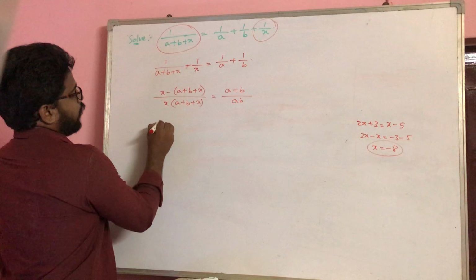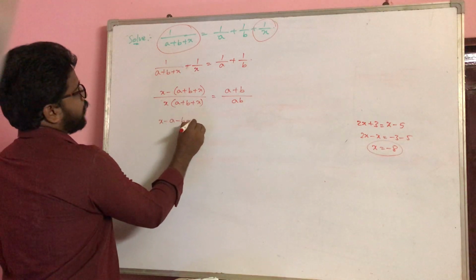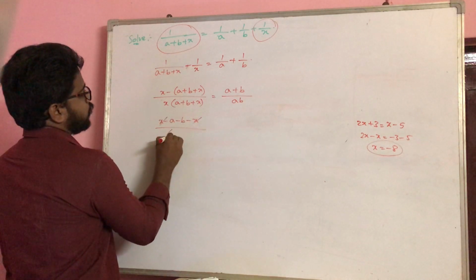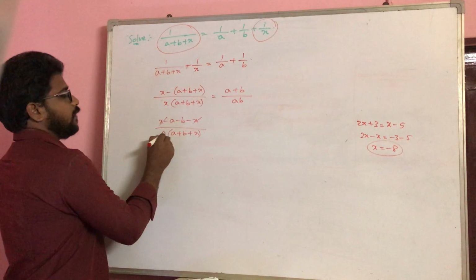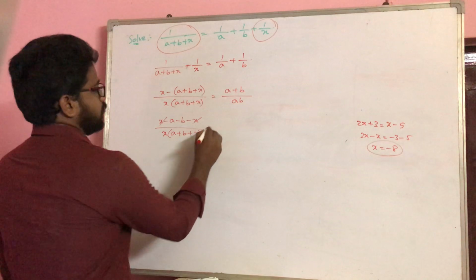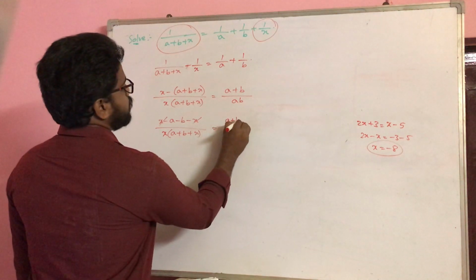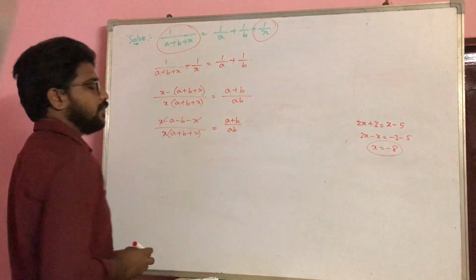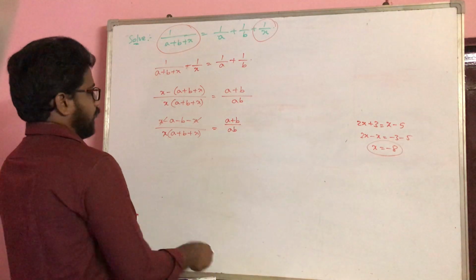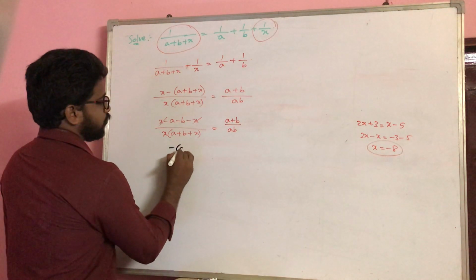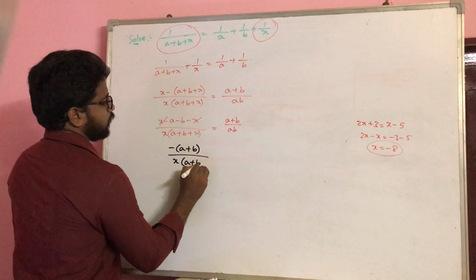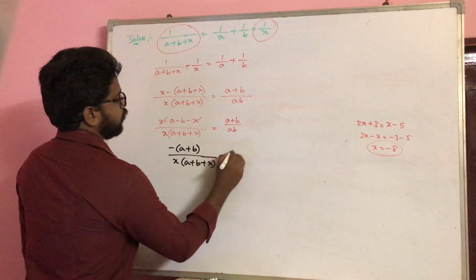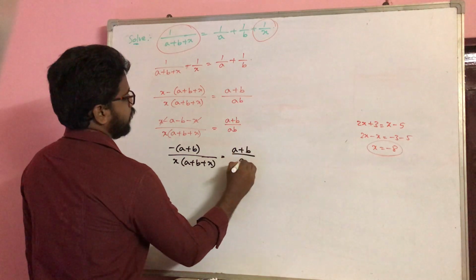Simplifying further, since there is a bracket with a minus, I have to multiply with minus, so I get x minus a minus b minus x, divided by x into (a plus b plus x), is equal to (a plus b) divided by ab. So you can take minus common here: minus of (a plus b) by x times (a plus b plus x) is equal to (a plus b) by ab.